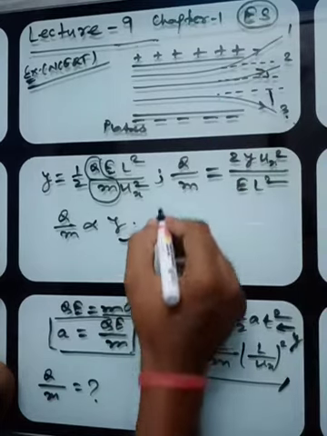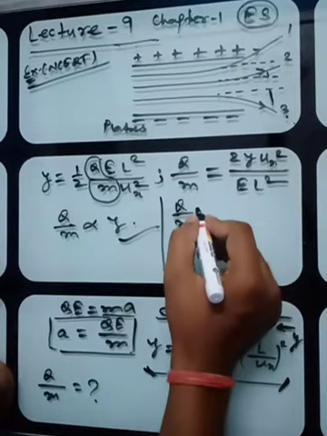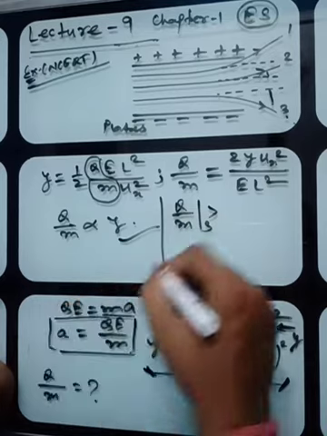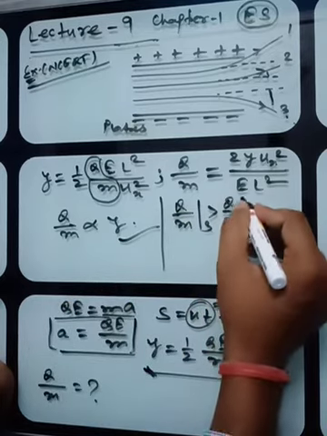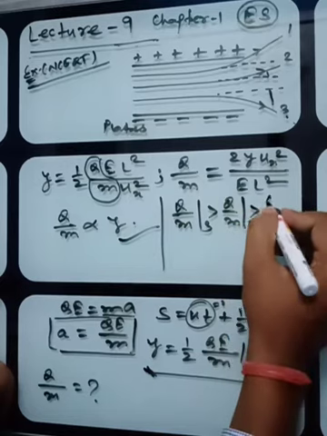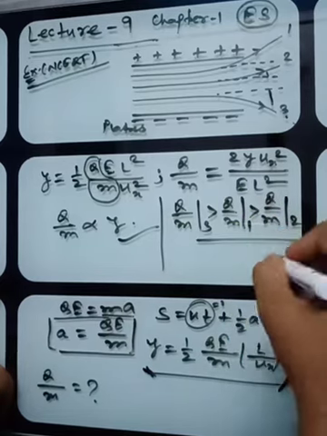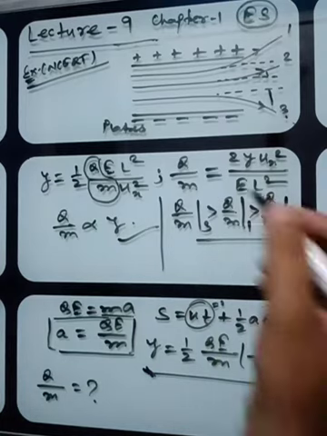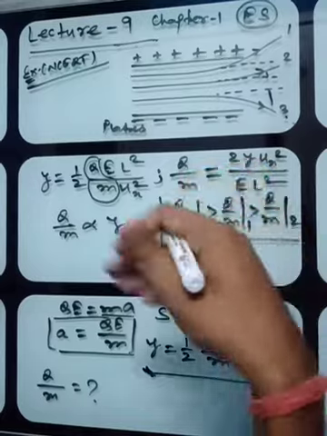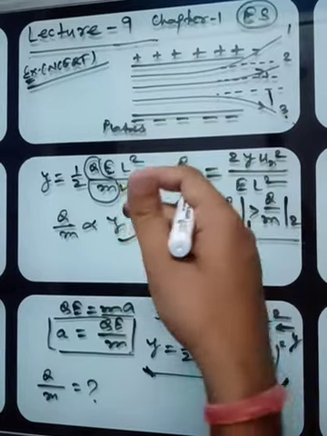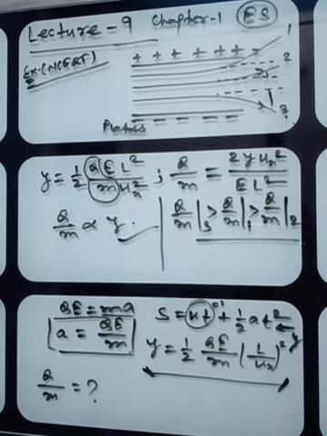So Q by M of 3 will be larger than Q by M of 1, and then Q by M of 2. Such type of question you may be asked. Now you have another question in your NCERT, and I hope you can solve it if you understand properly.